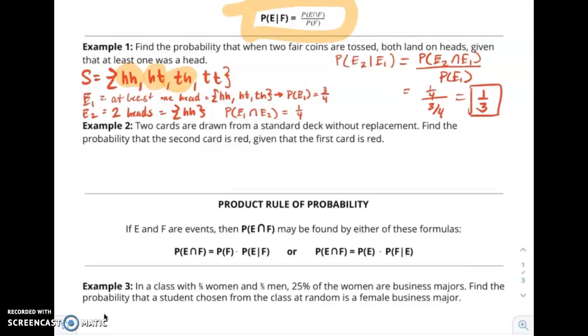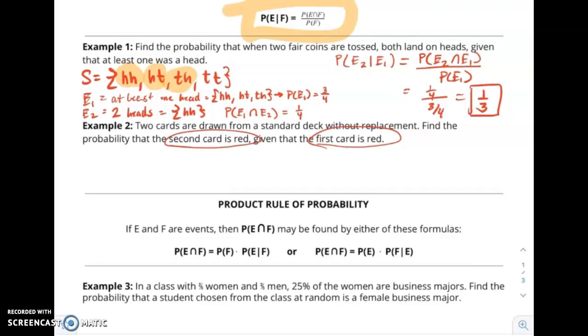In example 2, 2 cards are drawn from a standard deck without replacement. Find the probability that the second card is red, given that the first card is red. So what we're going to do is we can just think about this naturally to begin with.